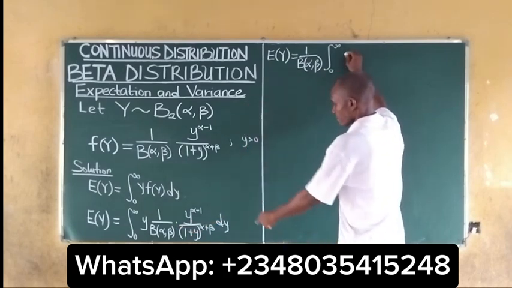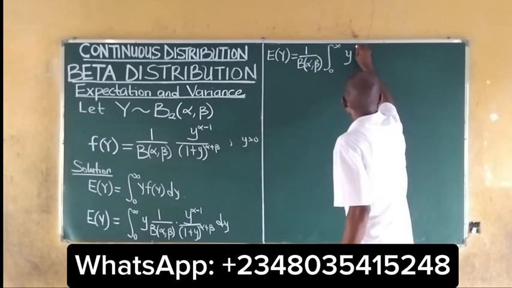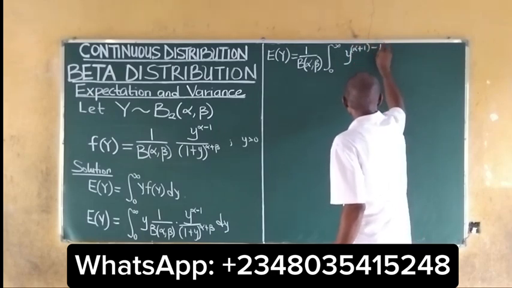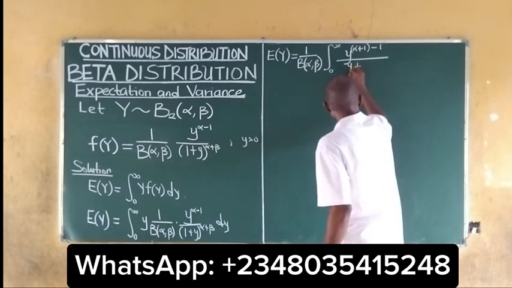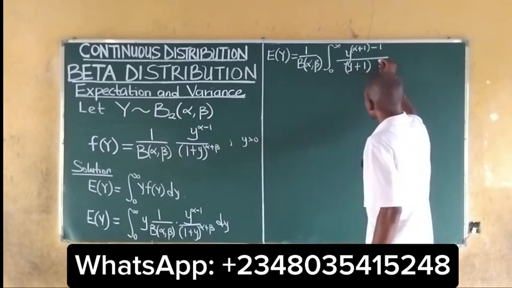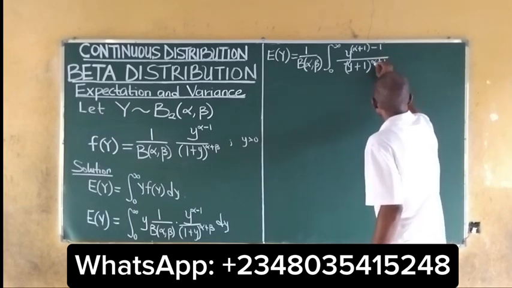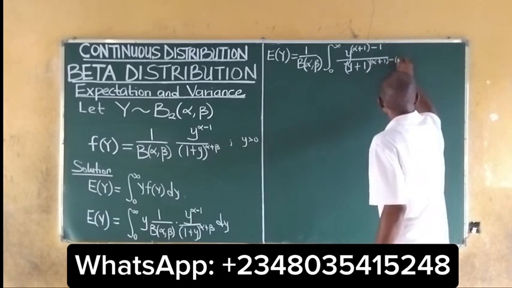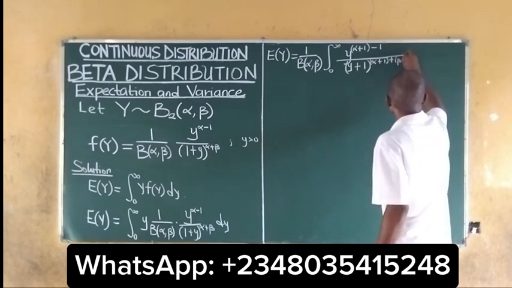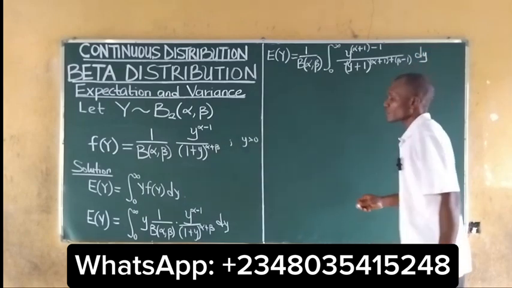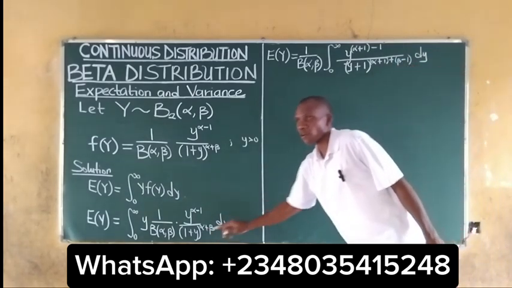Of course, y multiplies this to give us y to the power alpha plus 1 minus 1, all over (1 plus y) raised to the power alpha plus 1 plus beta minus 1, dy. Still the same thing.